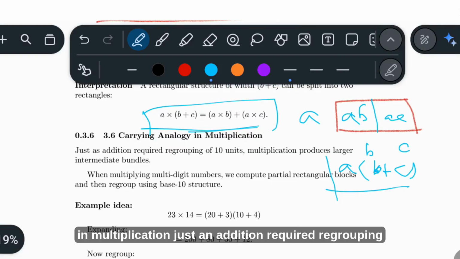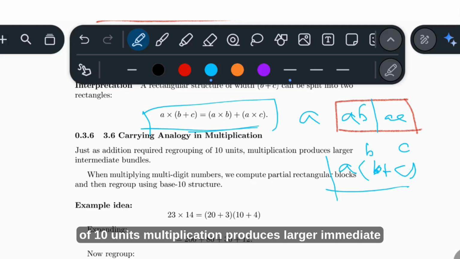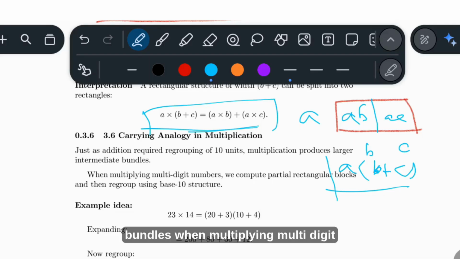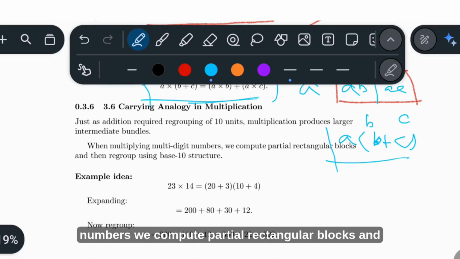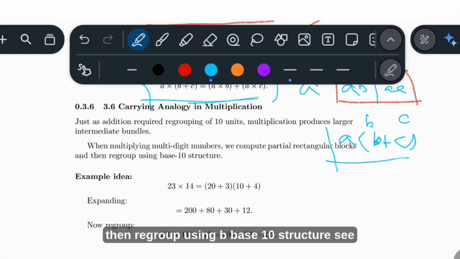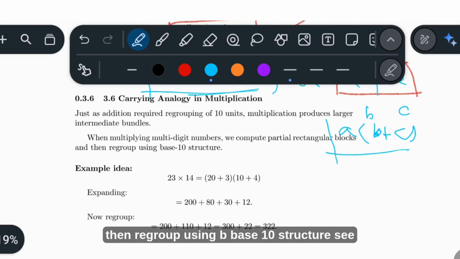Carrying analogy in multiplication: just as addition requires regrouping of 10 units, multiplication produces larger intermediate bundles. When multiplying multi-digit numbers, we compute partial rectangular blocks and then regroup using base 10 structure.